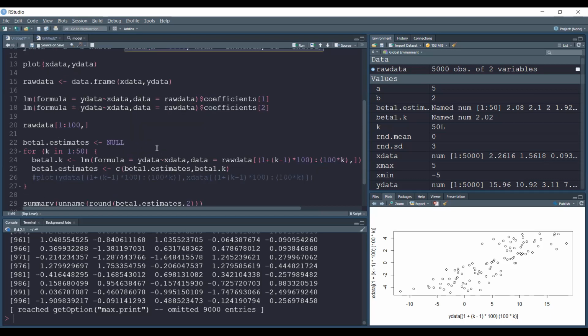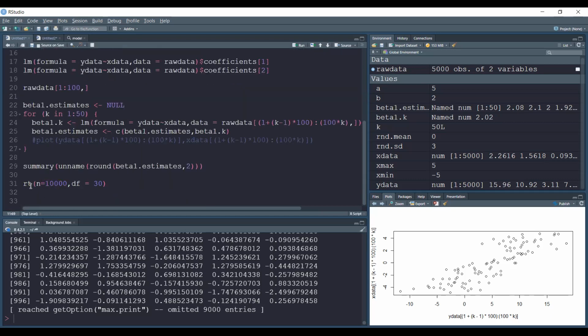It's the same thing with the T distribution. The T distribution requires that you specify the degrees of freedom. It's not something we're really going to go into today, and not entirely something I remember either.